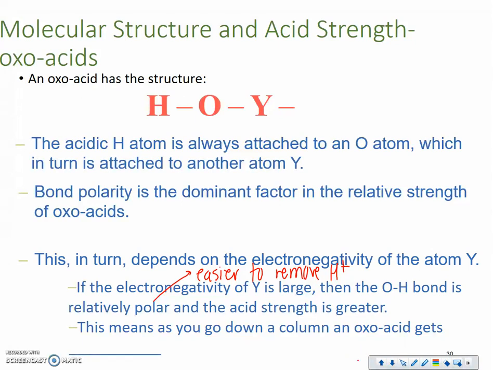So as we go down a column, your electronegativity decreases, which means your oxyacid is going to get weaker. So if you have HOCl versus HOBr, this is going to get weaker as you go down.